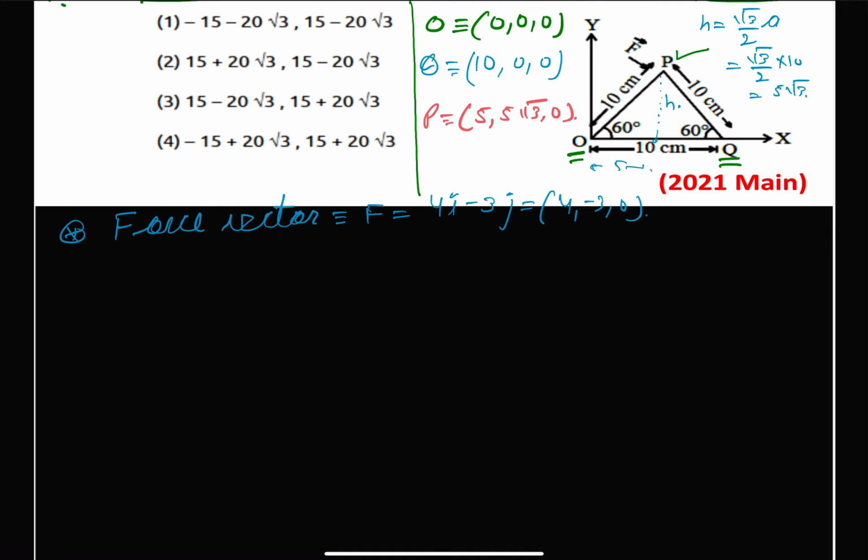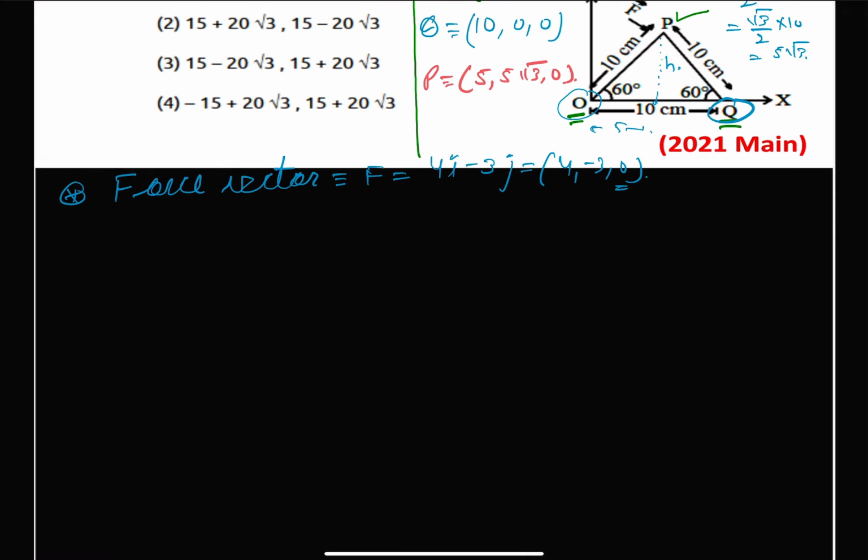The entire system as well as the force is in the xy plane, or we can see also that our force does not have any z component. So from here we can draw a conclusion that our torque will be acting along the z axis, which we are not asked, but still we can make. So we have to find out the torque with respect to 2 points, point O and point Q.